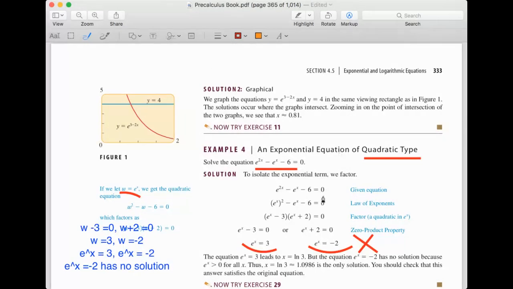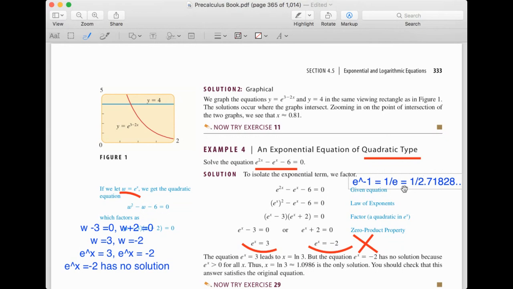Well, let's think about x, let's give x some values. Let's think about e raised by negative 1. That is 1 over e, that is 1 over 2.718, right?